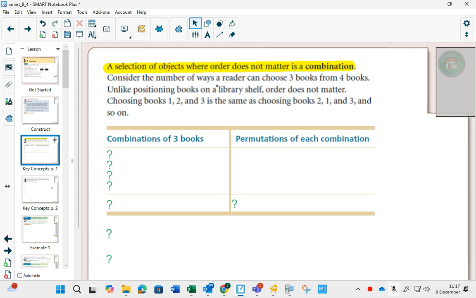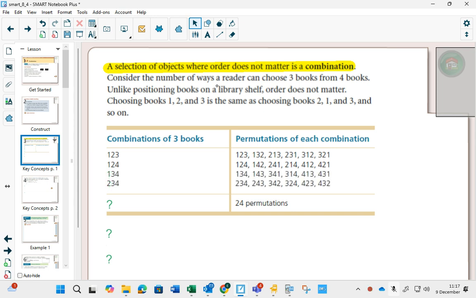Well, if the order mattered, books 1, 2, and 3 would show up as all 6 of those different things, right? 3 things, 3 choices, 2 choices, 1, you get 6 different ones. If you chose 1, 2, and 4, that's the same as all of these. We already know from permutations that if you had 3 spaces and you started with a 4, you would get 24. What a combination does is it says, we're going to count permutations, but take the order out.